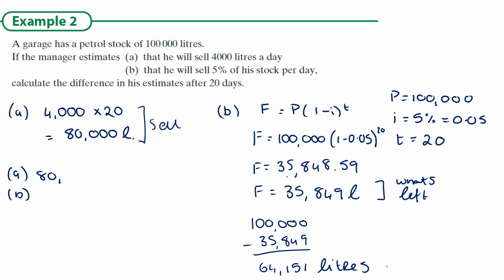Now we want to calculate the difference between A and B. We have 80,000 is A, 64,151 is B, and the difference there is going to be 15,849. So although we're talking about litres of petrol, this gives you a good indication of how the straight line method may overestimate how much your asset will depreciate.